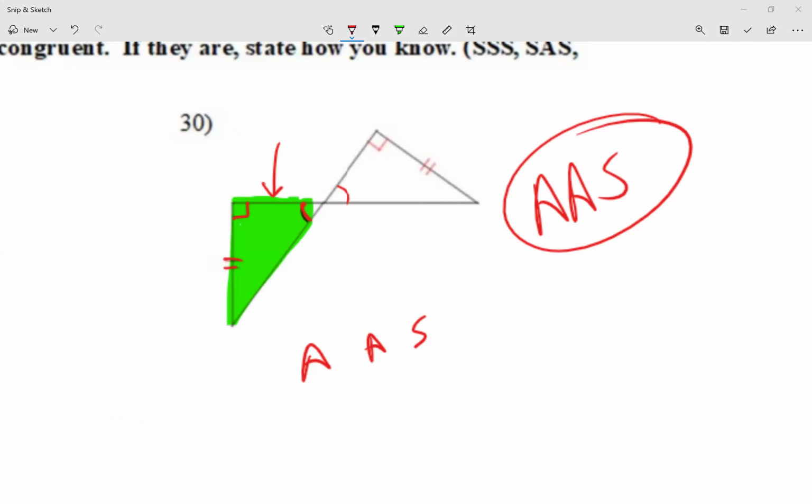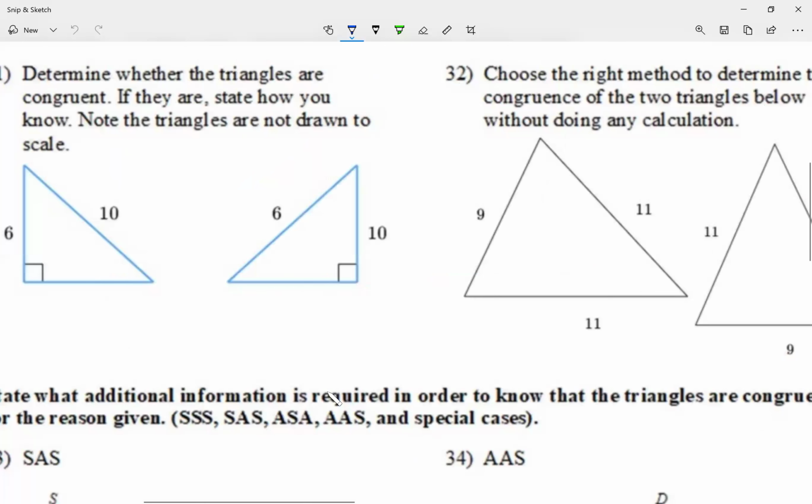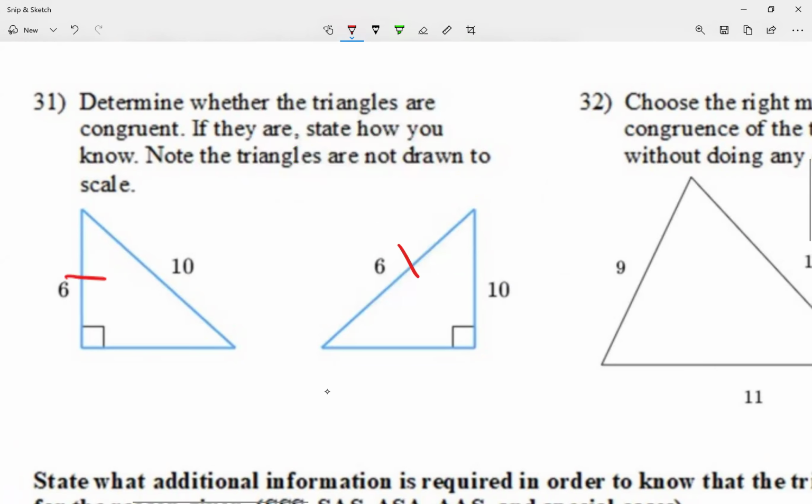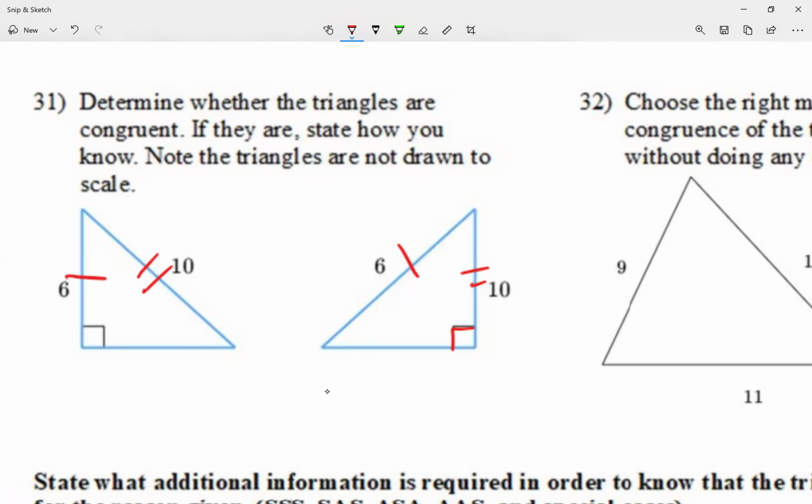Let's take a look at number 31. Determine whether the triangles are congruent. If they are, state how you know. I'm marking in the same way. So here, I'm saying this side is equal to this side, and this side is equal to this side, and then there's an angle given. So I look at the triangle on the left.